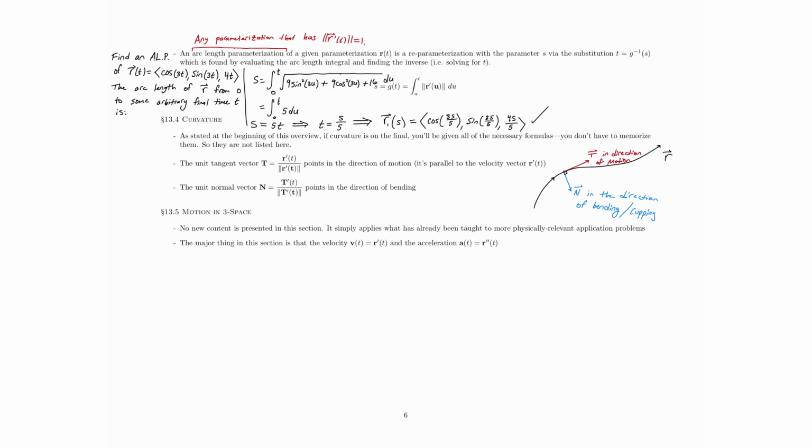And the way you find the unit normal vector, this is the derivative of the unit tangent divided by its own length. There is another vector that is sometimes mentioned, but it rarely, if ever, shows up. It is the binormal unit vector, which is B. This is the unit tangent crossed with the unit normal.